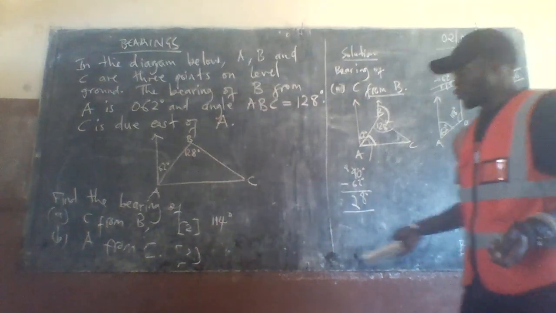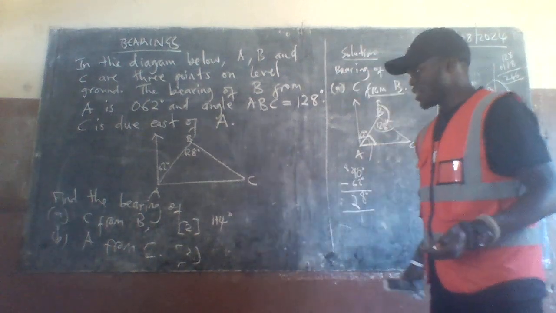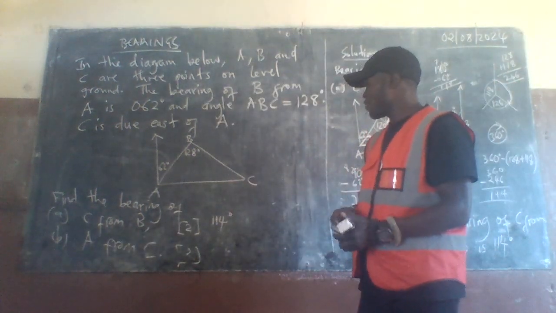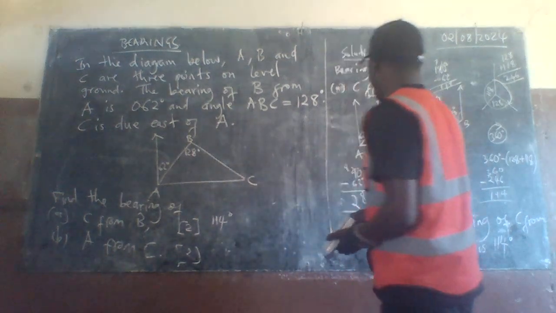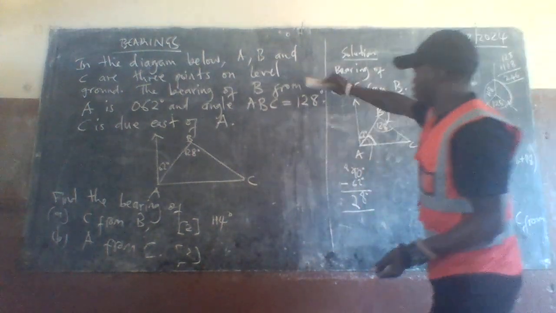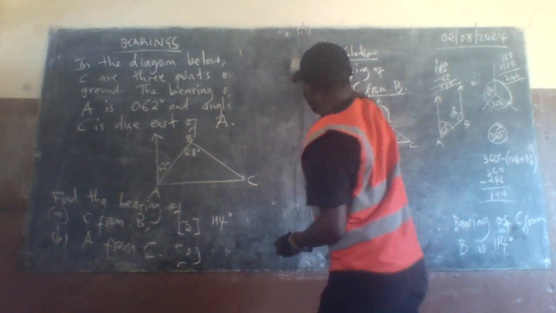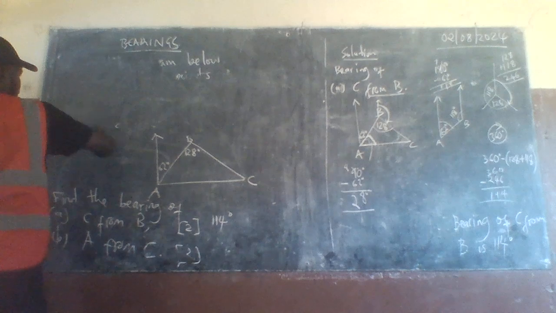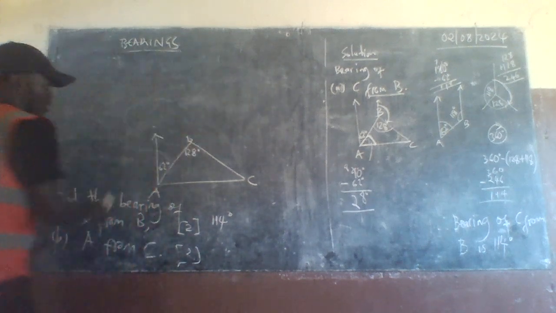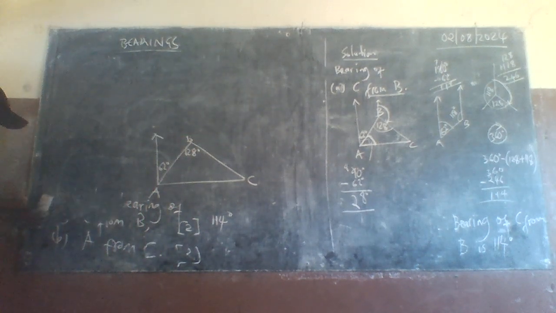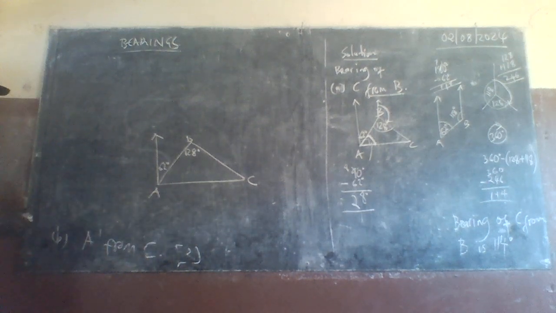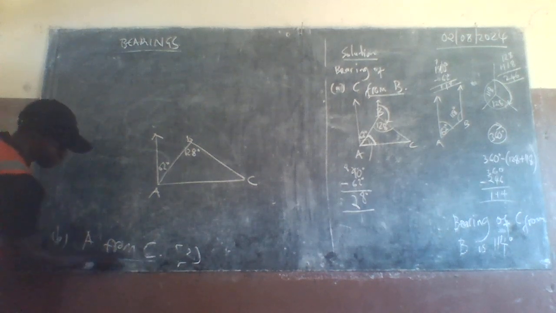So we now go for the next question, which is bearing of A from C. So the bearing of A from C, we just grab this part. We have said when you have been given a bearing, you always go on the from part.